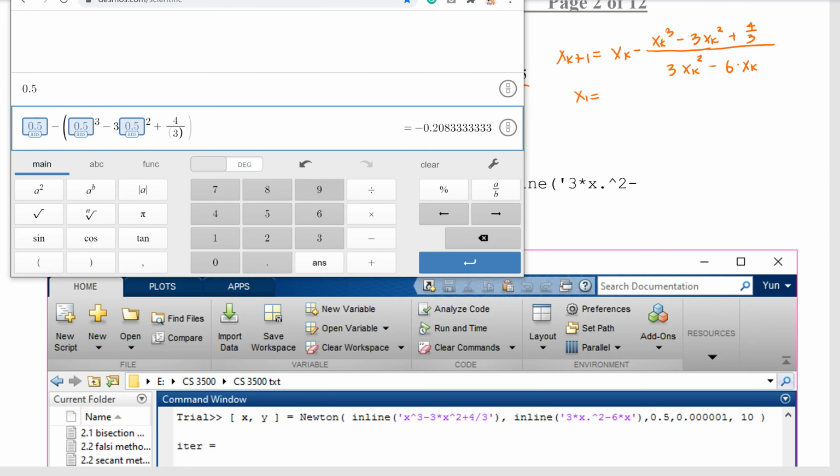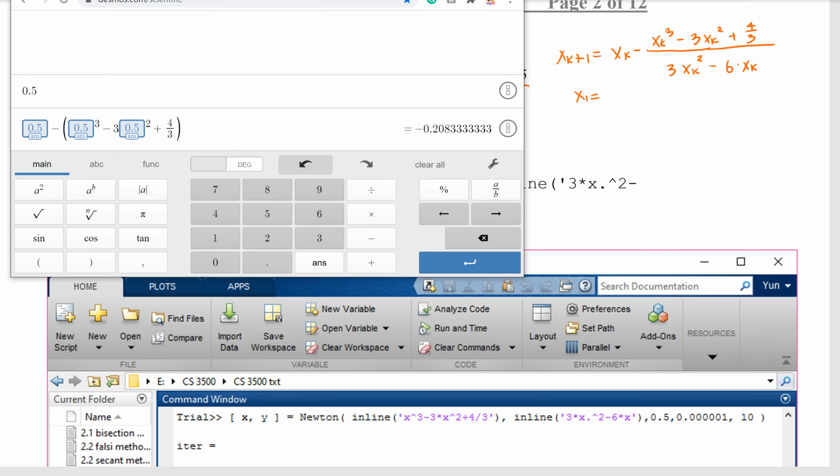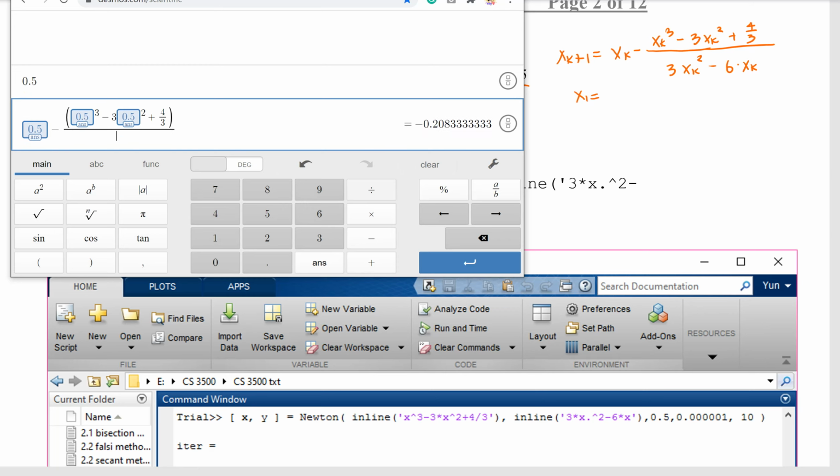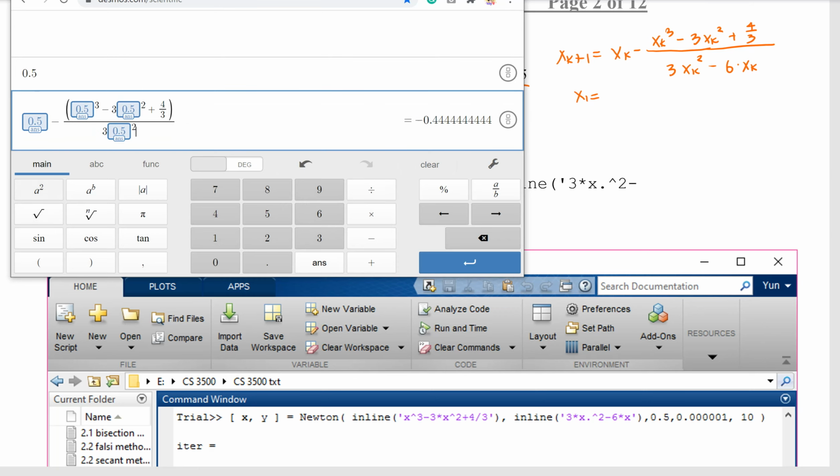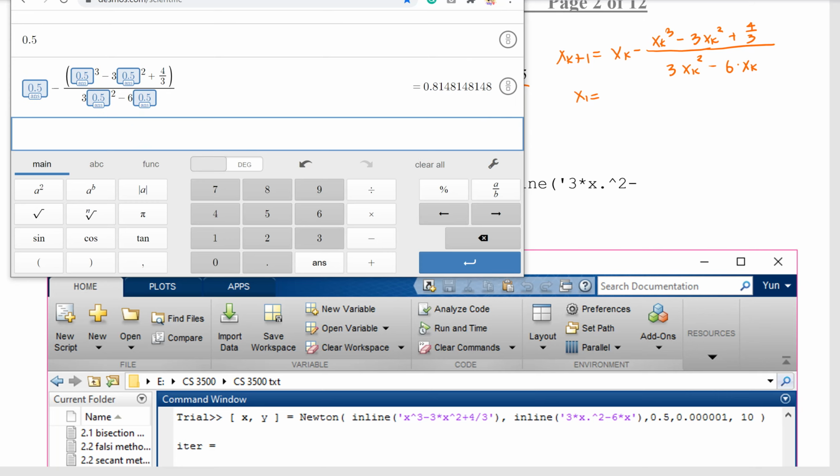Oops, you see, this is not so good. So yes, close parentheses. Then divided by 3 answer square minus 6 times answer. Okay, so enter.